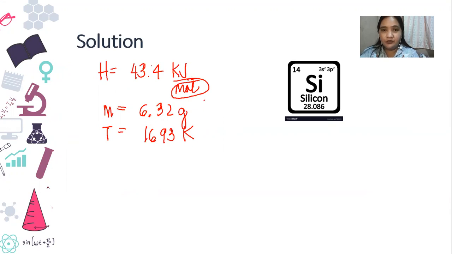Mole talks about molar mass. In computing for molar mass, you have to understand the element in the periodic table. If it's a compound, you have to get all the elements in the compound. In the periodic table, we isolated silicon and you see different numbers.